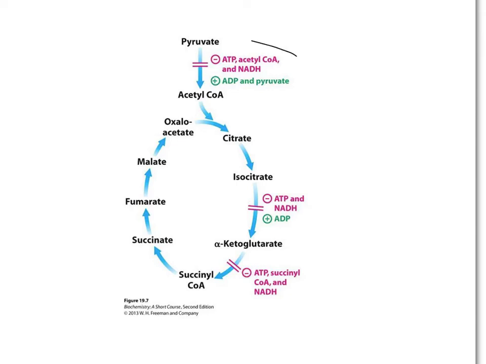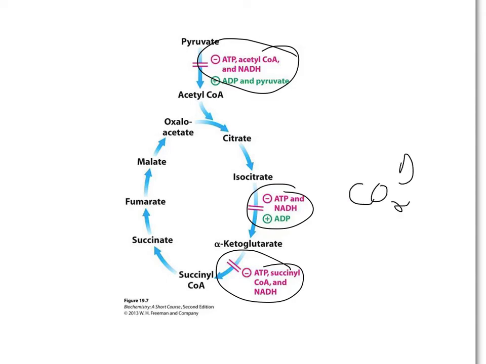Decarboxylation reactions make sense to do this kind of control, because these decarboxylation reactions can lead to CO2 being released, and CO2, once it's released, makes for kind of irreversible steps. So those are good places to control these steps, at irreversible steps.